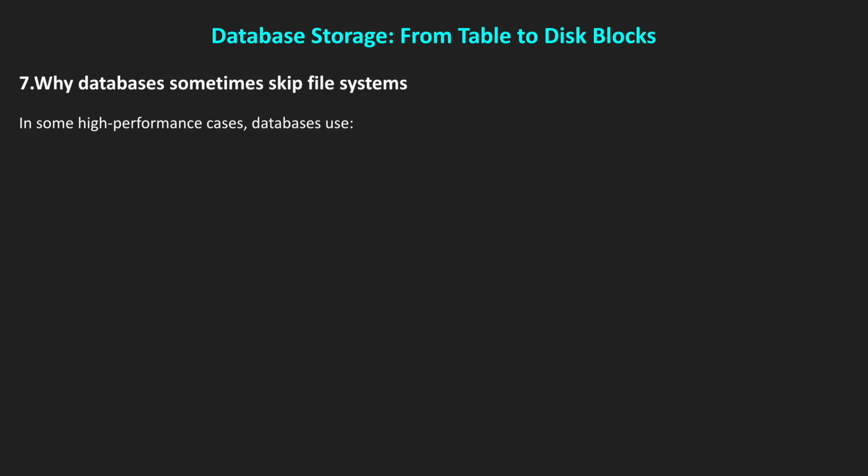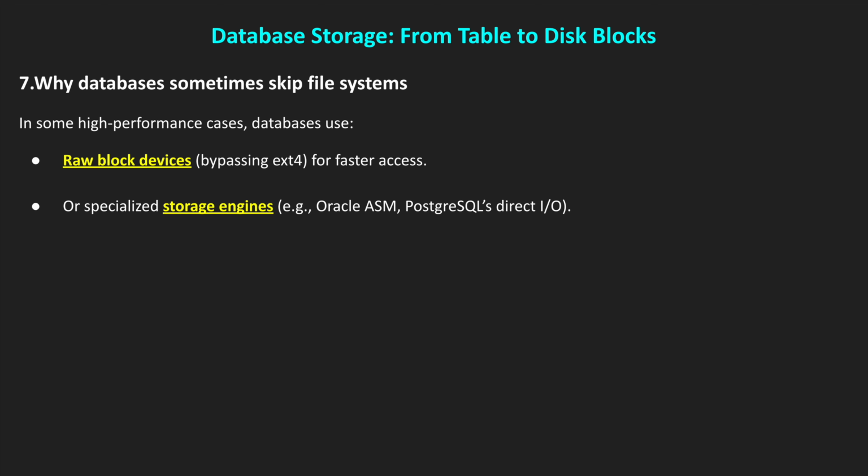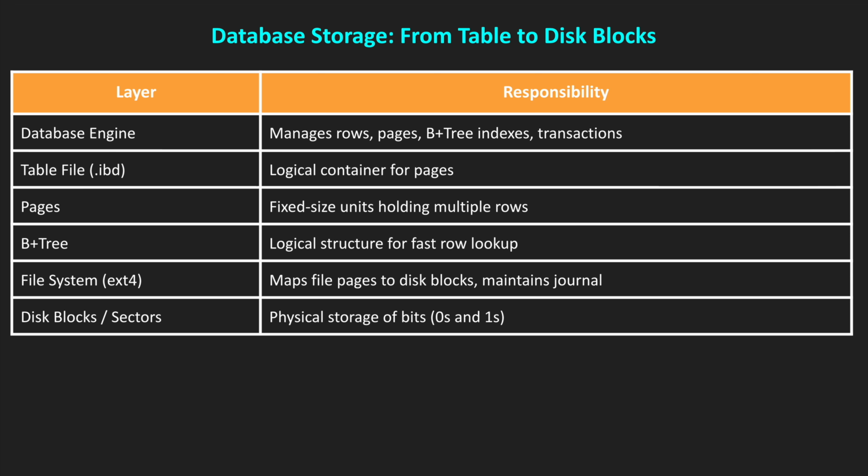In some high performance cases, databases use raw block devices for faster access, bypassing ext4 or other file systems, or for specialized storage engines, for example Oracle ASM or PostgreSQL's direct IO. So they don't use the file system, and they directly go to the IO operations.